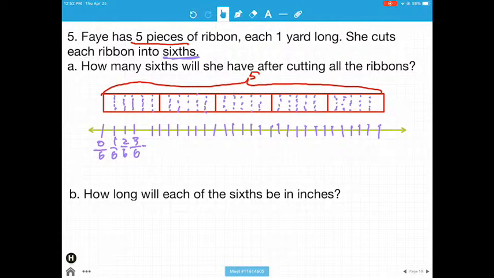Sorry about that. Let's go here. 4, 6, 5, 6, and 6, 6. And I'm just going to do it really quick. This would be 12, 6. This will be 18, 6. This will be 24, 6.